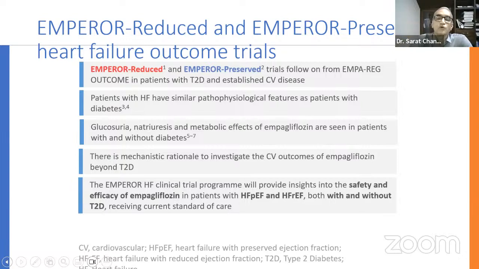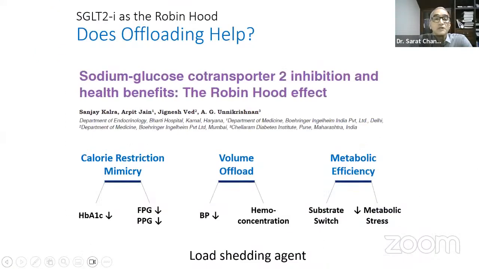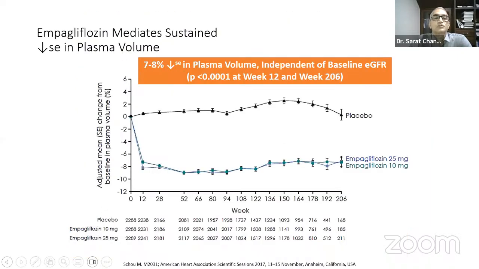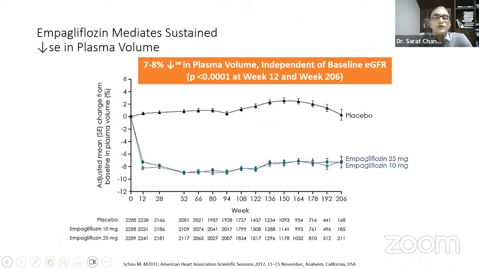Now, I'll quickly go back and show you some of the slides in relation to the mechanism by which SGLT2 inhibitors actually help these patients. Let me start here. When you use empagliflozin in this particular data, there is a 7 to 8% reduction of plasma volume independent of baseline eGFR.